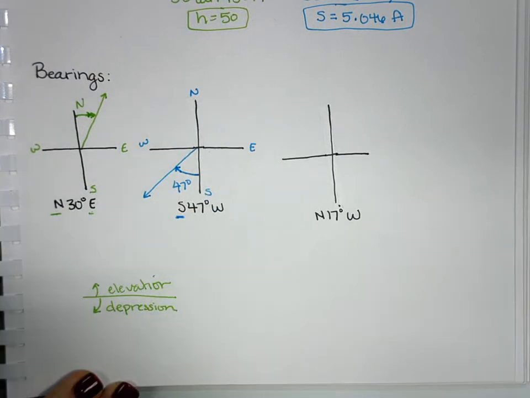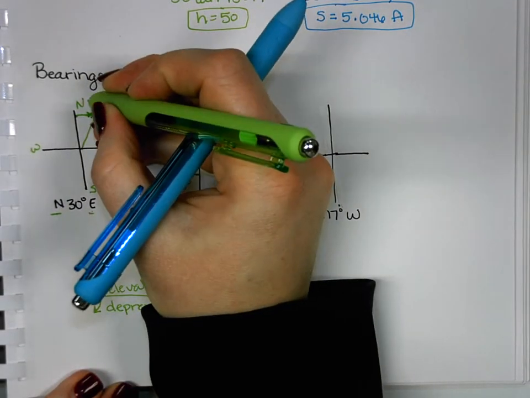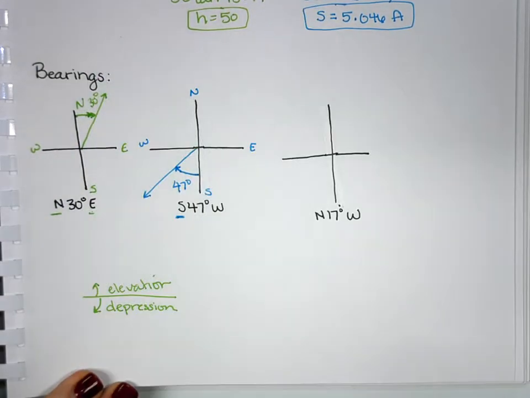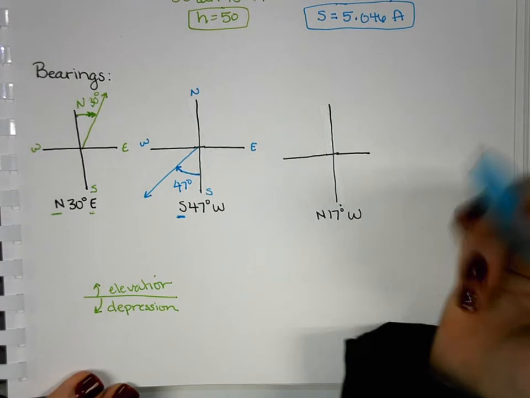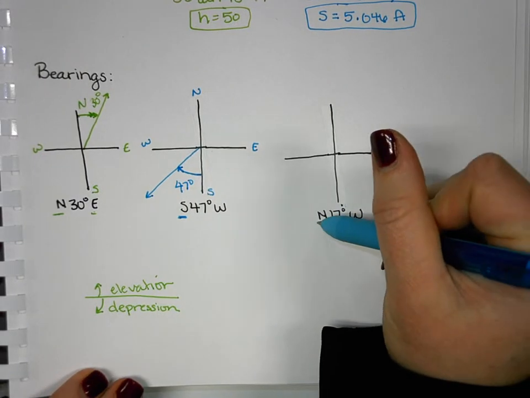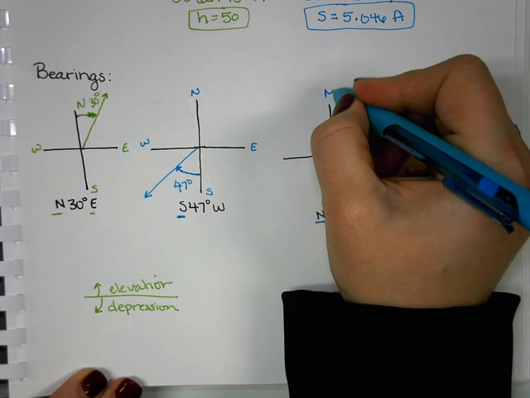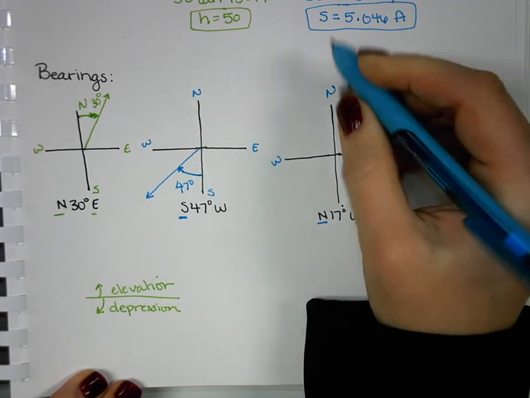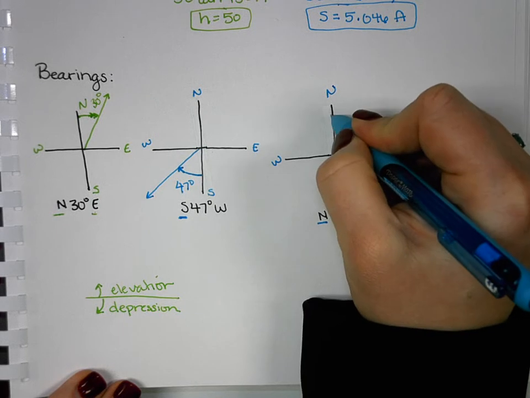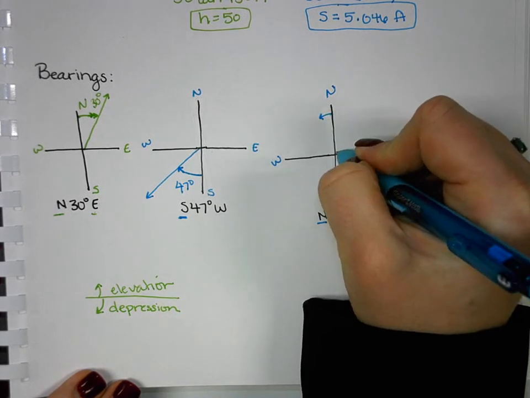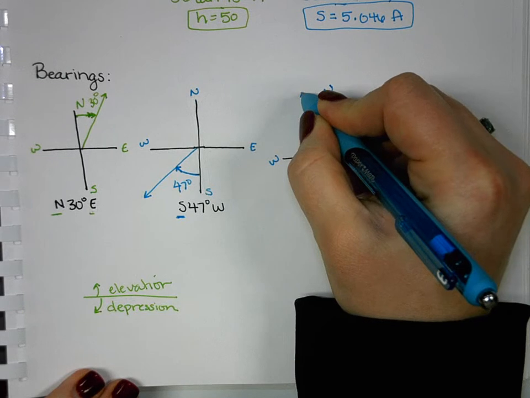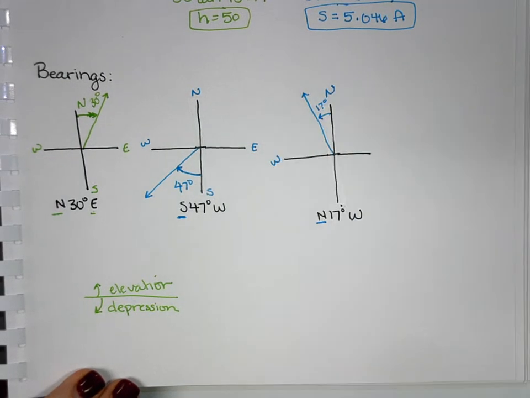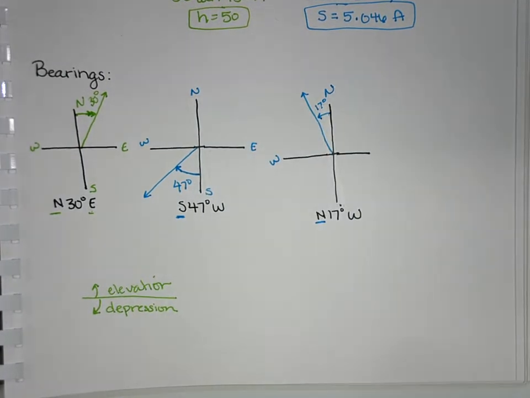And if you want, you can even put in your angle measurements just to make it clear where that angle goes. So lastly here we have north, so north side, and I'm going west, so that's to the left, 17 degrees. And that would be your bearing.